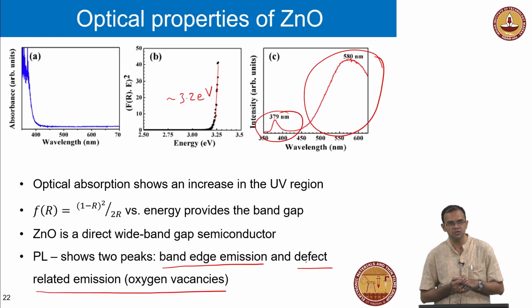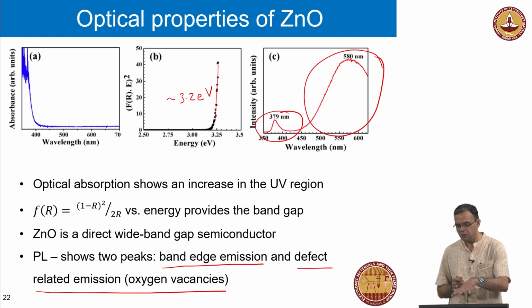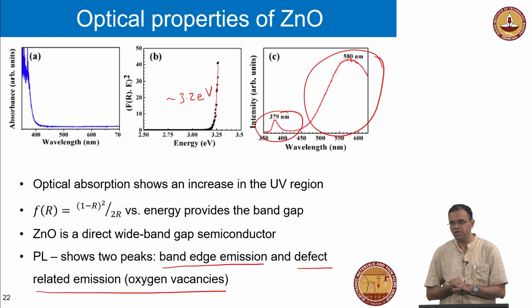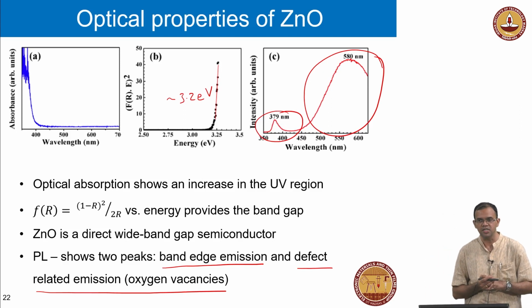It's usually associated with oxygen vacancies. If you were to do the same experiment at low temperature, this wide band you can actually resolve into multiple individual bands, and based on the energies you can assign them to the different defect states.